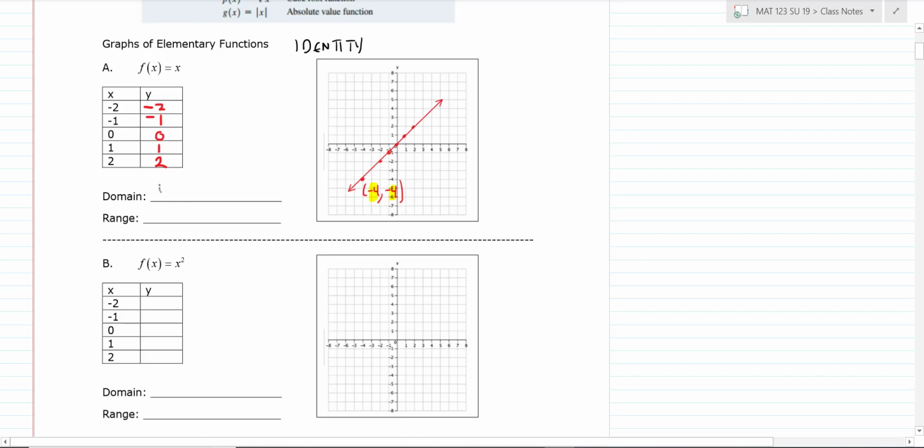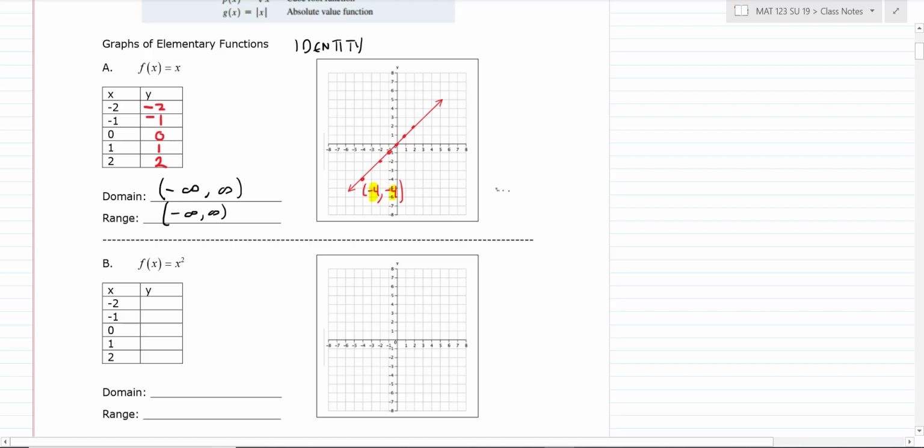In this case, anything works. So we just say -infinity to infinity. We're going to write these things in interval notation. The range is what y can be. If you look at your graph, y takes on every single value there is because it goes on infinitely in both directions. So that range is also all real numbers.